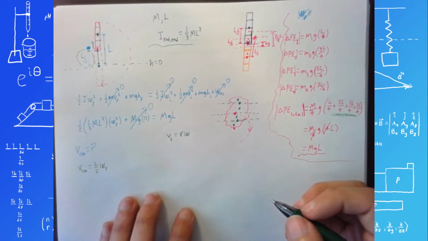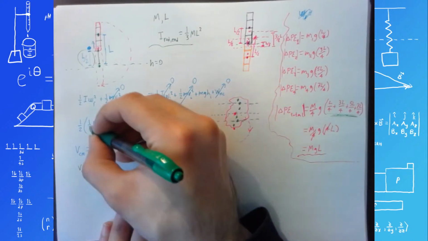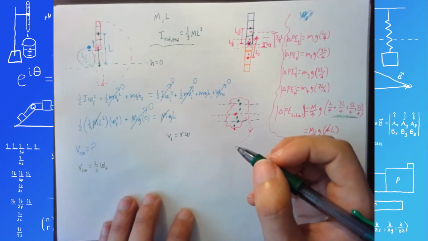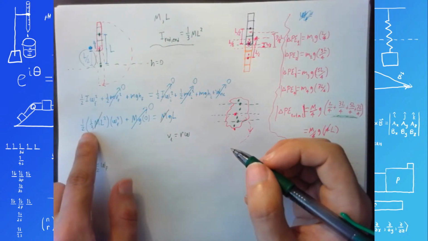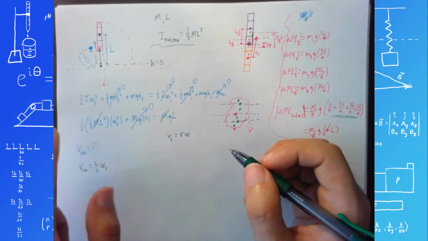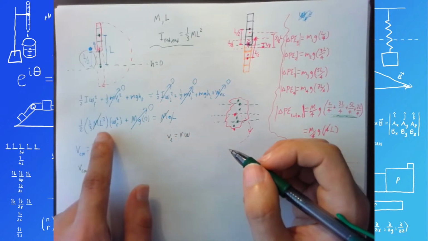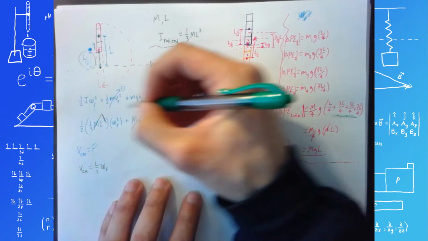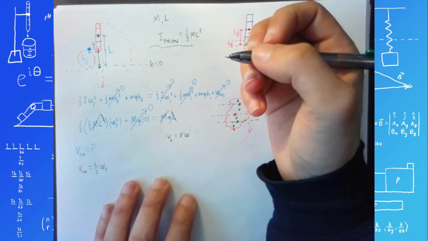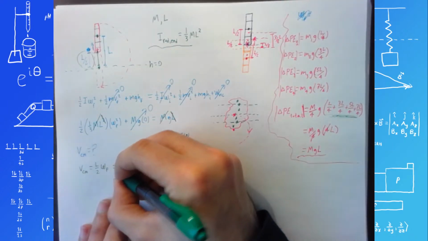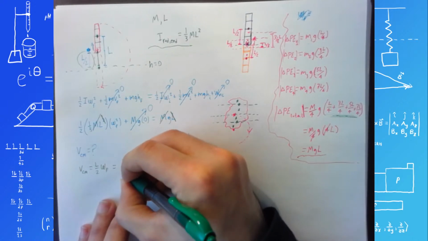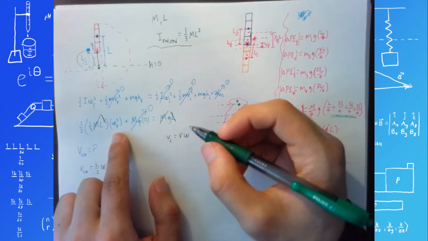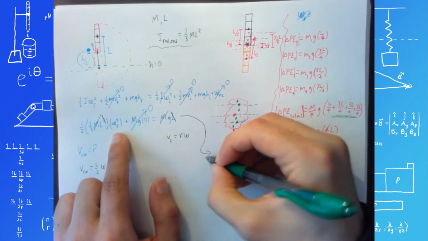And we can solve for omega final if we cancel the m's on both sides here, and let's see, multiply by 6, right? 1/2 and 1/3 is 1/6. So multiply by 6 and divide by L squared. Come to think of it, we just have to divide by L because one of the L's also cancels out. So we get L over 2 times omega final squared equals, let's take this and rearrange it over here.